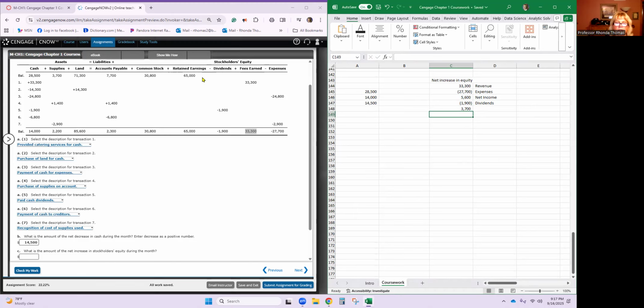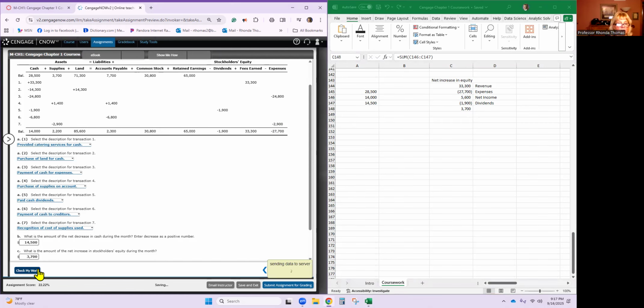So we started with common stock and we ended, so all of this is equity, right? These two didn't change, so we don't even have to include those. The changes are revenue minus expenses, and our expenses are both of these. So that's why I have the 27,700. So there's your net income. Subtract the dividends, you have 3,700.